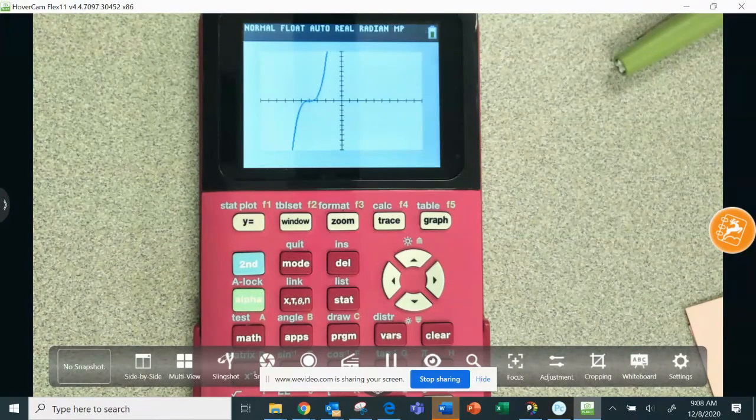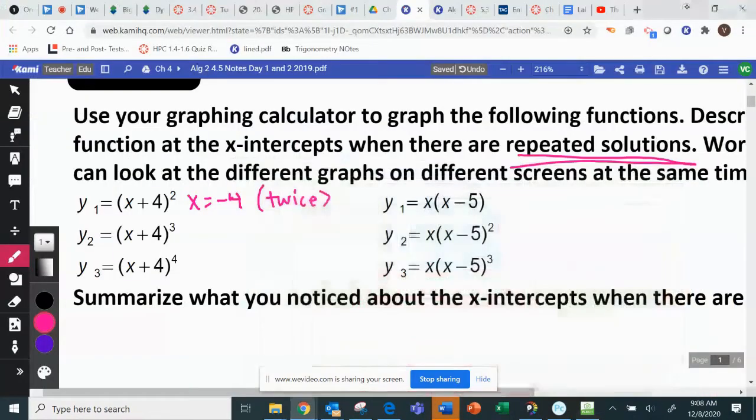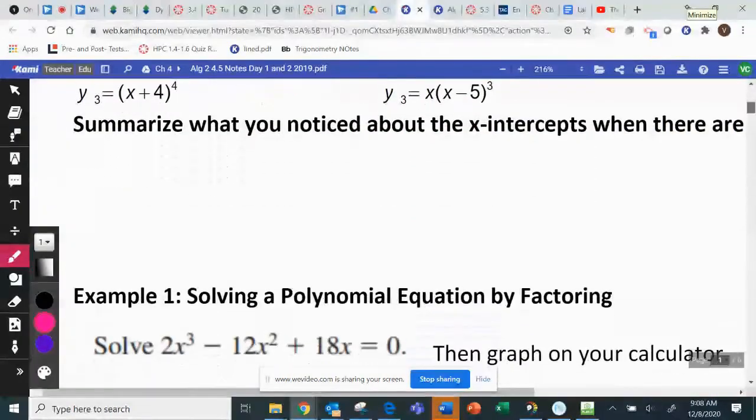So now what happened is right at -4, it's not a parabola anymore. Do you know what shape it actually has? X plus 4 squared kind of went down and bounced.